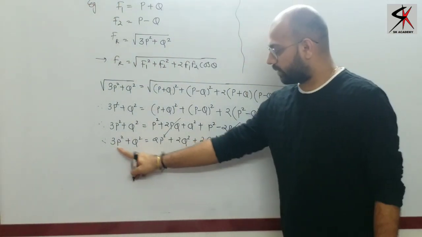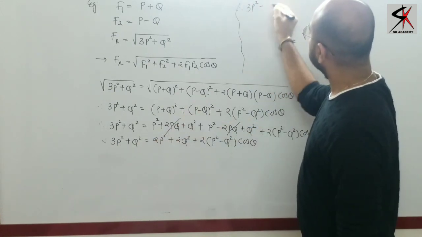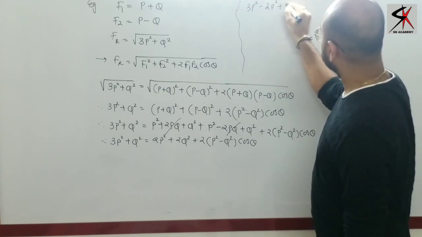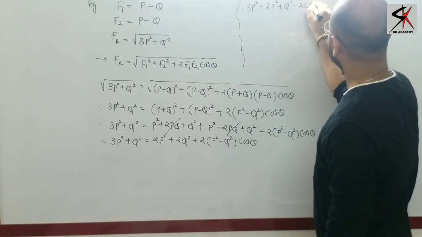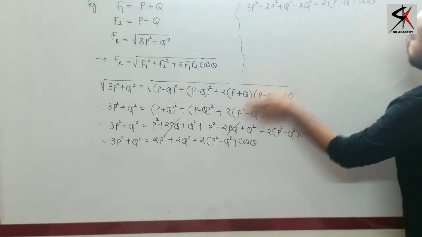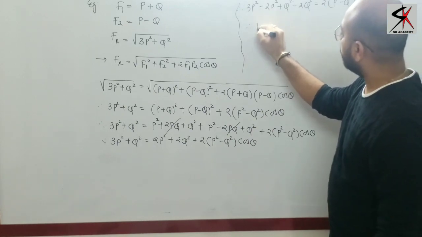Now 3P square minus 2P square plus Q square minus 2Q square equals 2(P square minus Q square) cos theta. This one is as it is. Then 3P square minus 2P square remains P square.